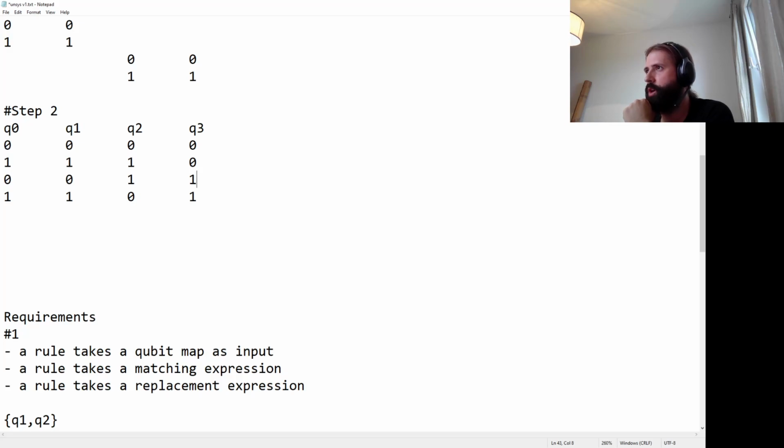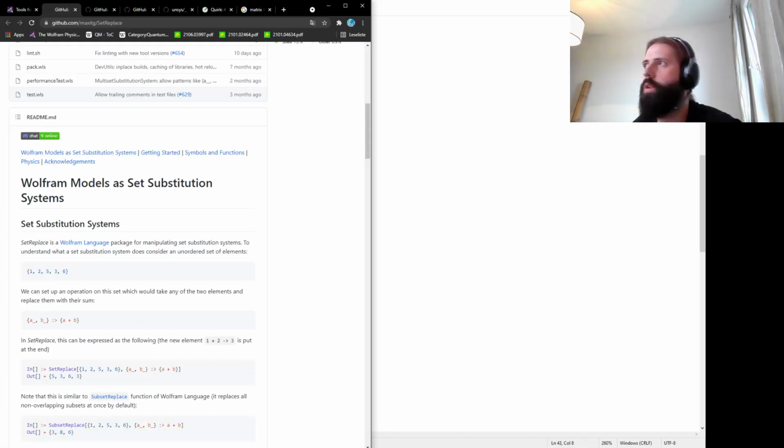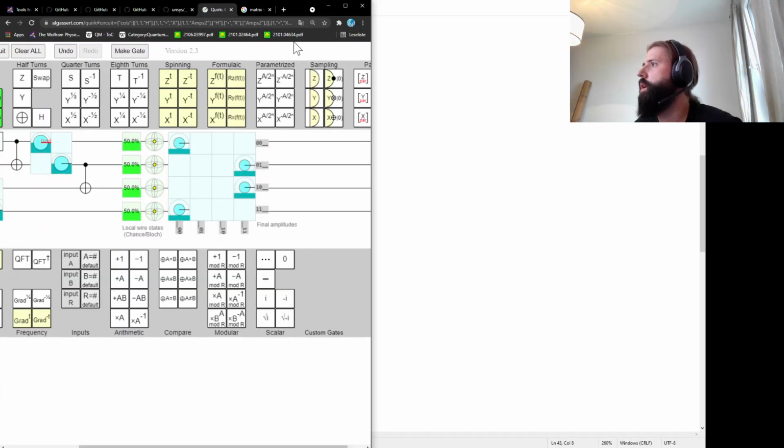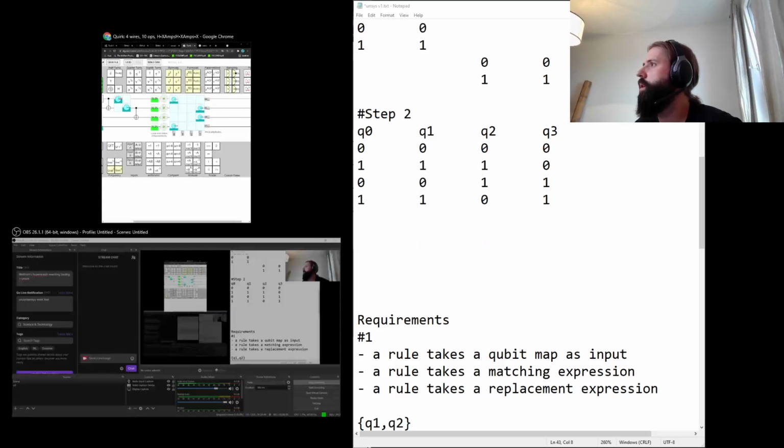And still the question remains whether there's anything that we can do to simplify this. But does this match what I saw in Quirk? That's the question.